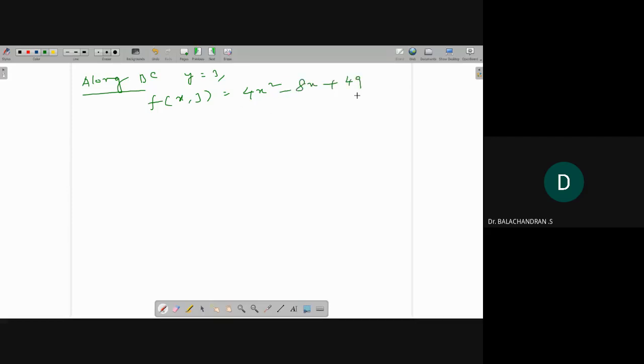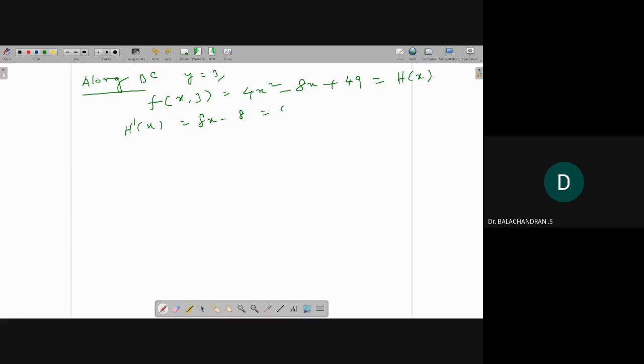Please check whether it is correct, and if it is not correct, please tell quickly. So I will take this as h of x. h dash of x is equal to 8x minus 8 equal to 0.